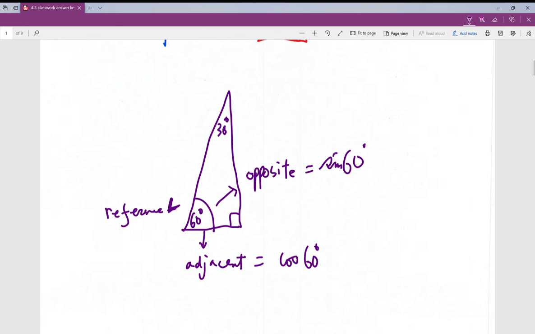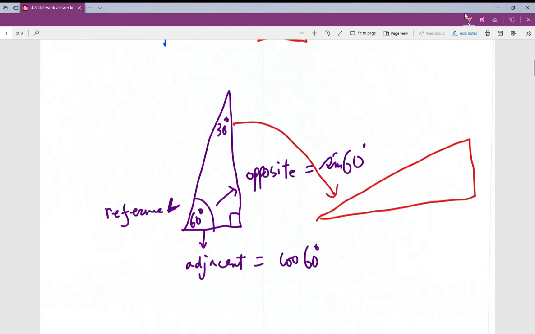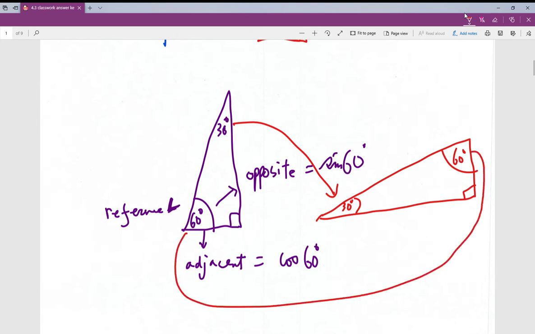Now, if you tilt this triangle this way, this 30 degree angle becomes here. This 90 degree angle stays, and this should be 60 degrees, so this 60 degree angle goes to here. Now the reference angle will be 30 degrees.